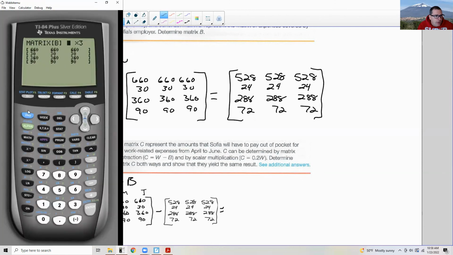And then I want to look at this one, and it's not that one either. So I need to create one. We haven't entered it as a matrix. So I'll put it in C. Down to C, enter, and it's a 4x3. And I want to enter 528, 528, 528.